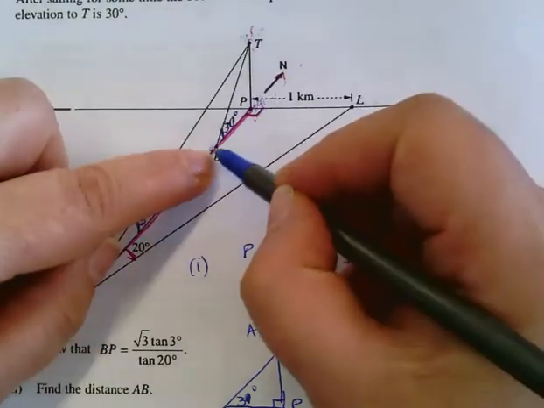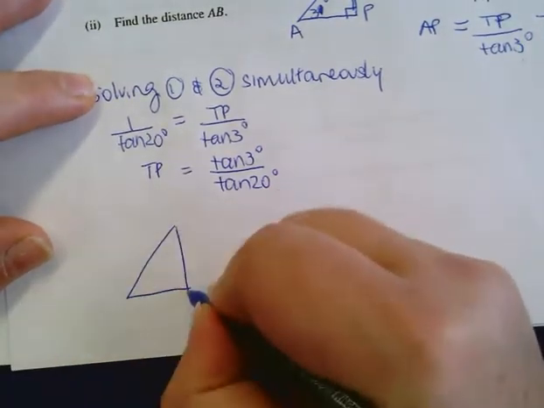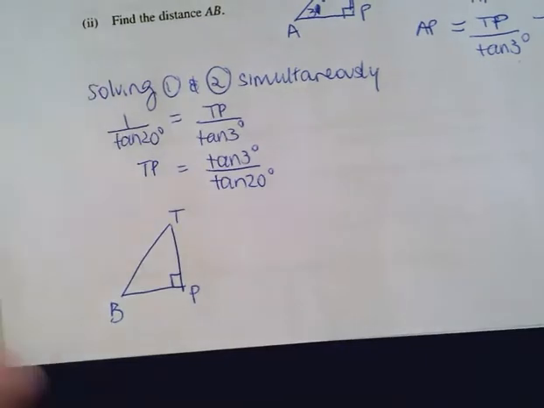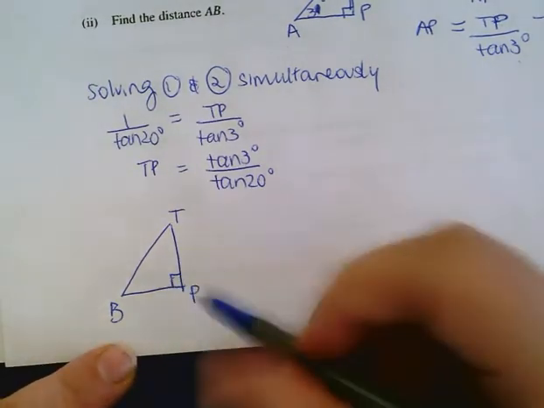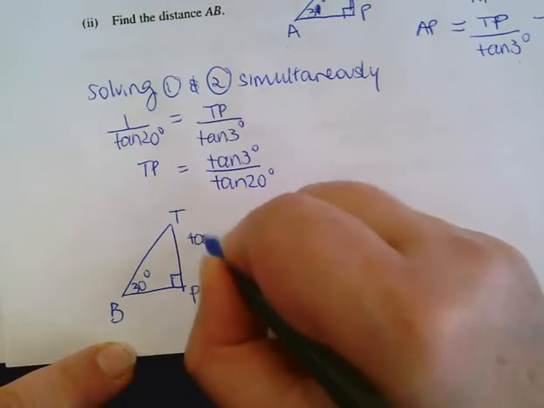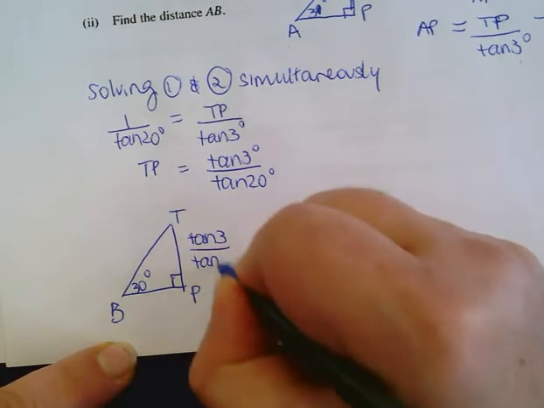So we're going to draw triangle BPT. If this is an angle of elevation triangle, this has to be a right angle. And this is 30 degrees. I know that TP, I've got an expression for it. It's tan of 3 over tan of 20.